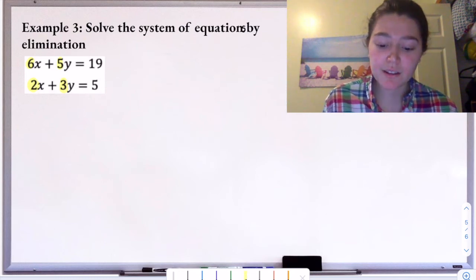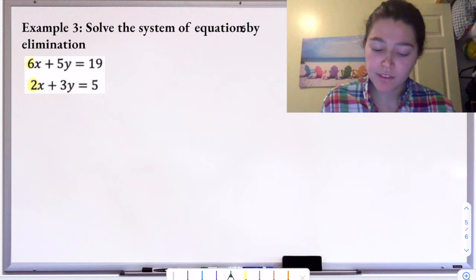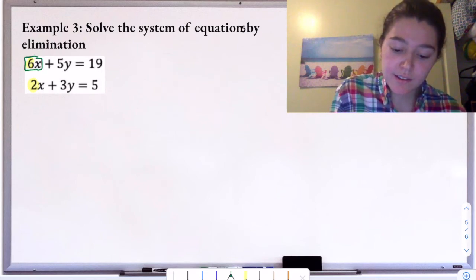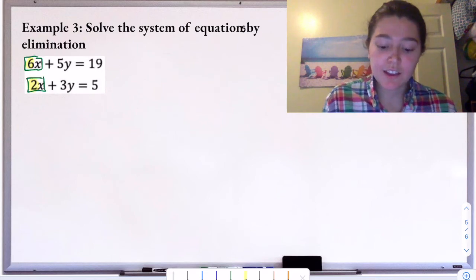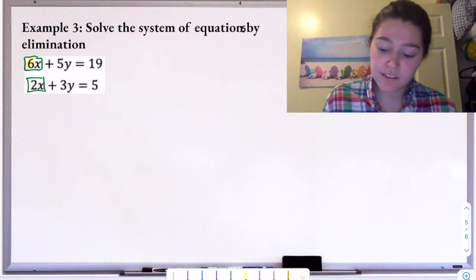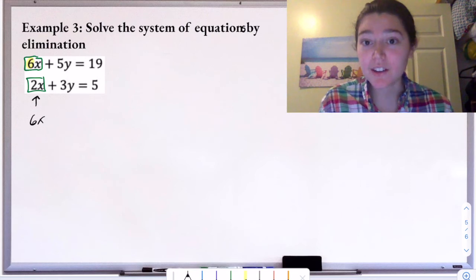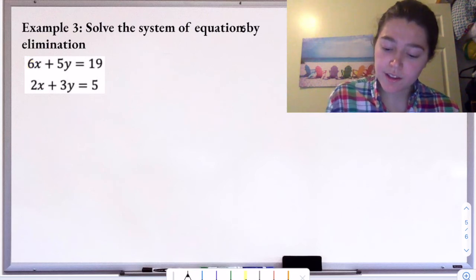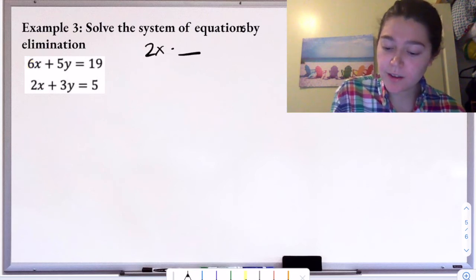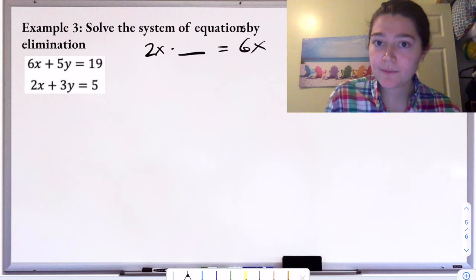Okay, so let's try to eliminate the x's. So I have 6x and 2x. If I could make this 2x into 6x, then I could subtract the equations, and I'd be good, and I would eliminate the x. 2x times what will give me 6x?